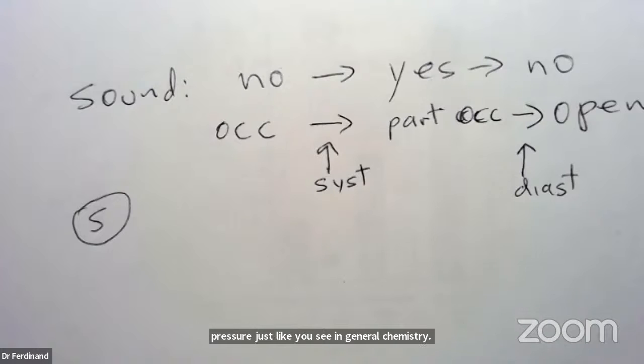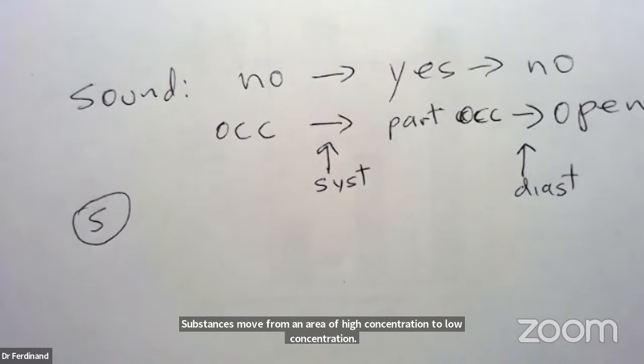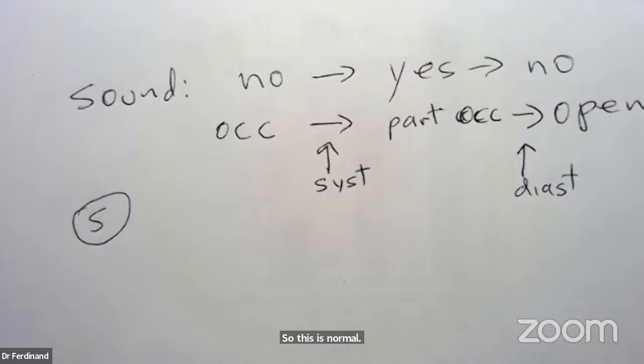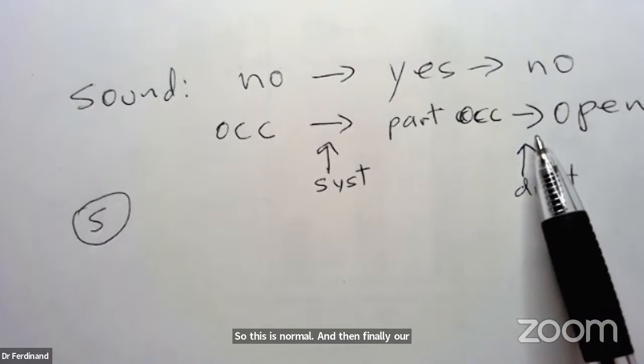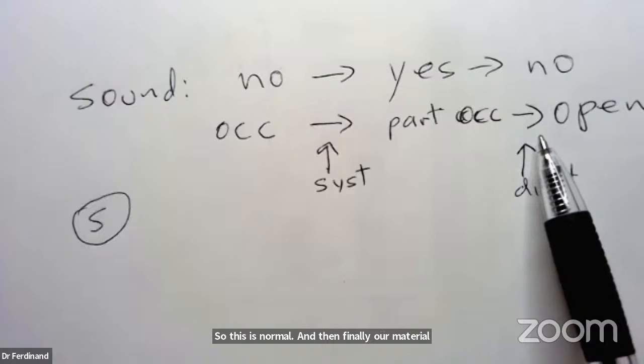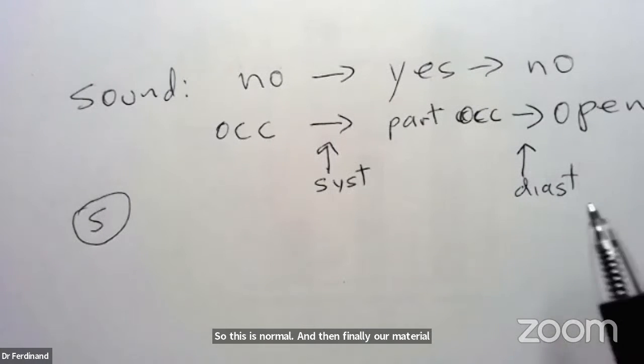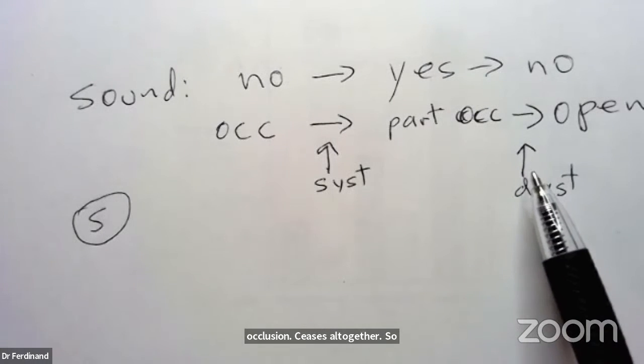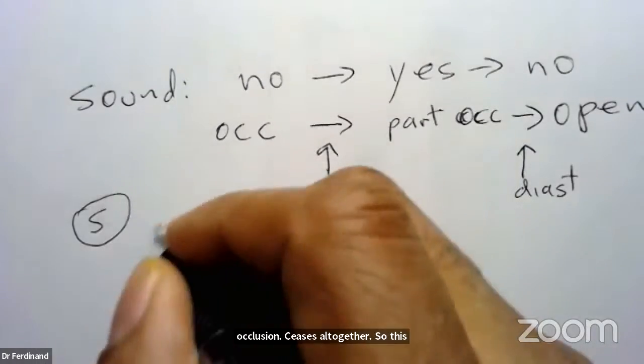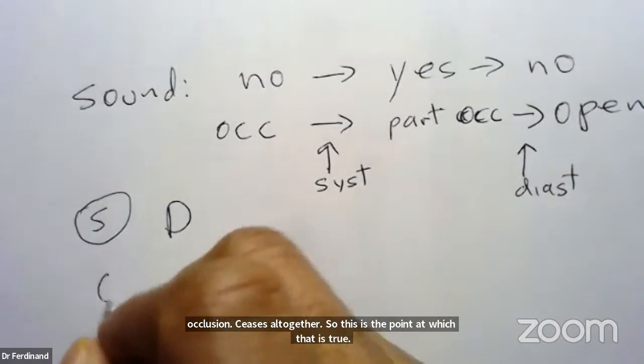Substances move from an area of high concentration to low concentration. So this is normal. And then finally, arterial occlusion ceases altogether. So this is the point at which that is true. So 5 is indeed D.